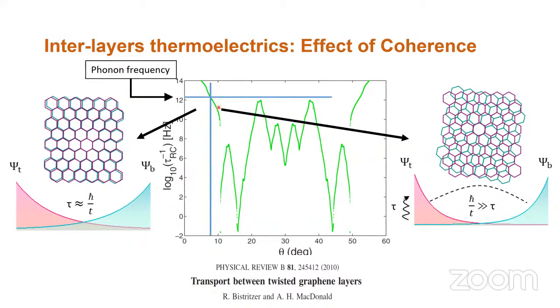Whereas if the angle between two layers is larger than about 5-6 degrees, now the phonon frequency has become larger, and it is the electron-phonon coupling that causes the thermoelectric power to be generated through a drag kind of mechanism, which I have explained to you earlier.